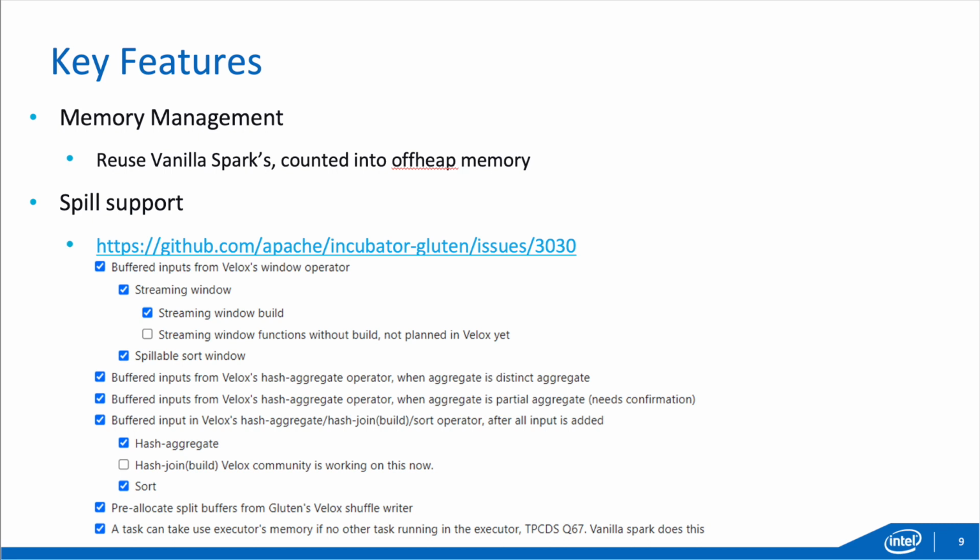Another is the hash-based join spill: after we build the hash table and an out-of-memory exception is raised, we need to release some memory and move the hash table to disk. Currently that's not yet implemented in Velox, and the Velox community is working on it. So those are the two exceptions.